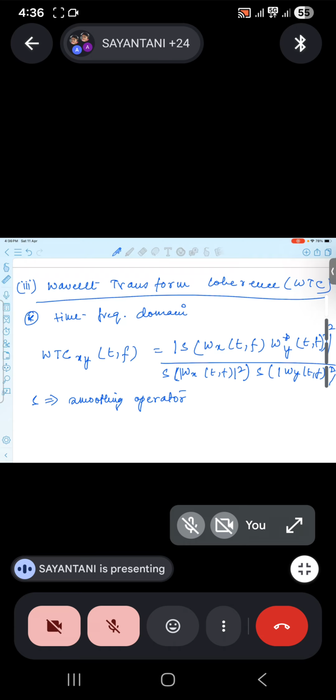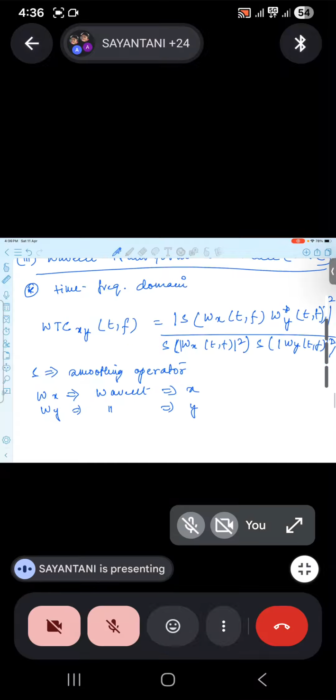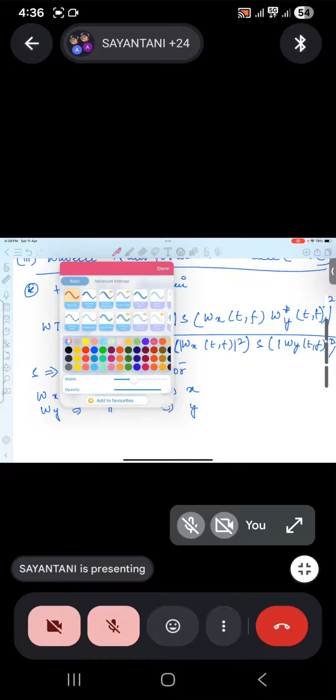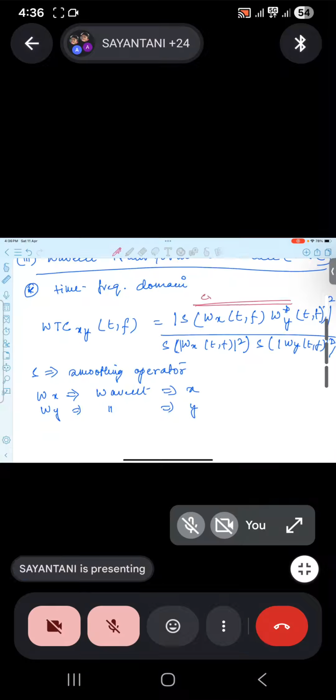You can use any type of smoothing operator of your choice, maybe a Gaussian smoothing operator or Laplacian smoothing operator, that will help you to either expand or compress your mother wavelet. And your WX function is basically your wavelet value pertaining to your X channel, and WY function is your wavelet value pertaining to your Y channel, and this particular part is basically your cross wavelet transform.